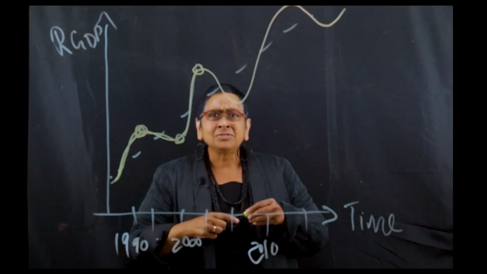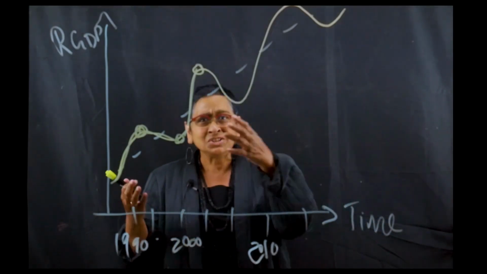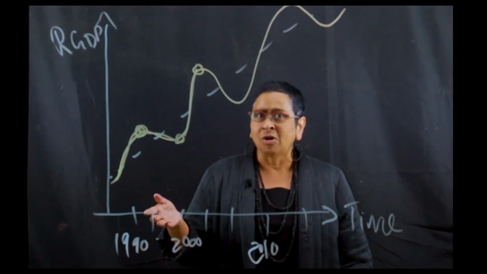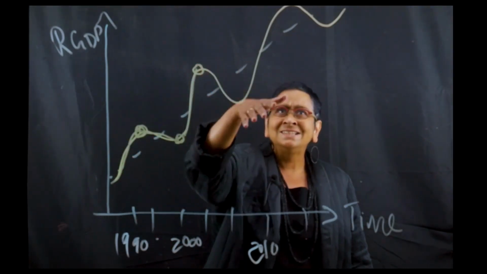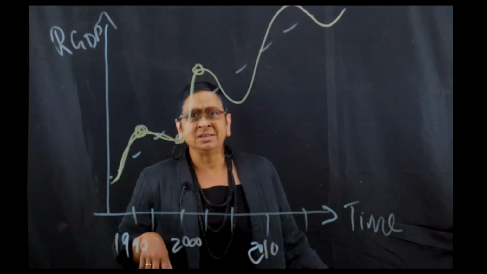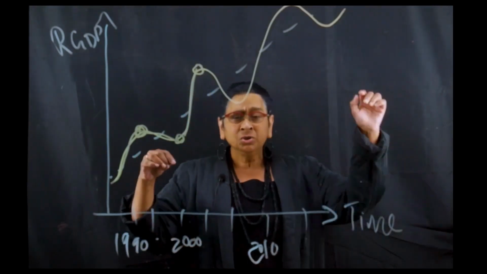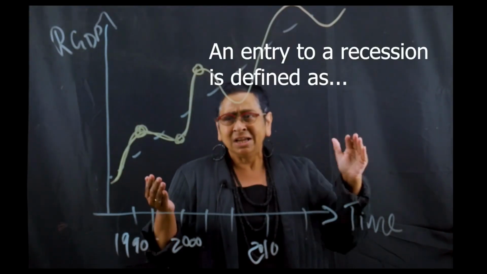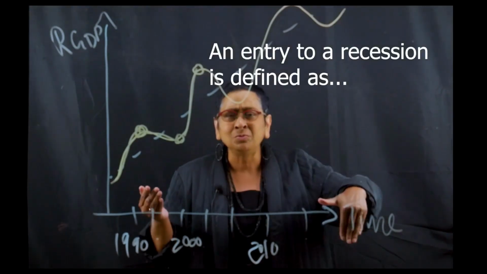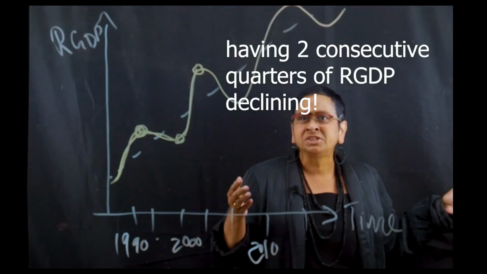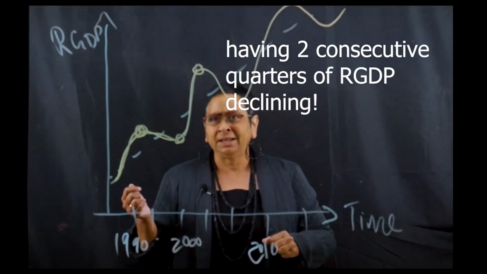So a lot of the focus on growth tends to be about the long run changes. But in the short run, the argument is that you can actually have ups and downs in the economy. Usually we define an entry into a recession, or the downward turn, as when you have two consecutive quarters of real GDP declining.